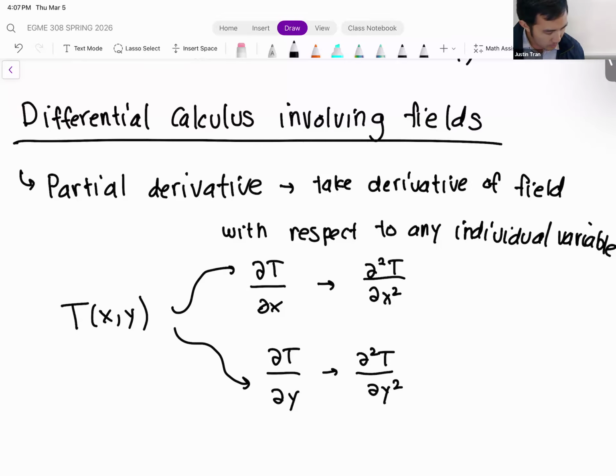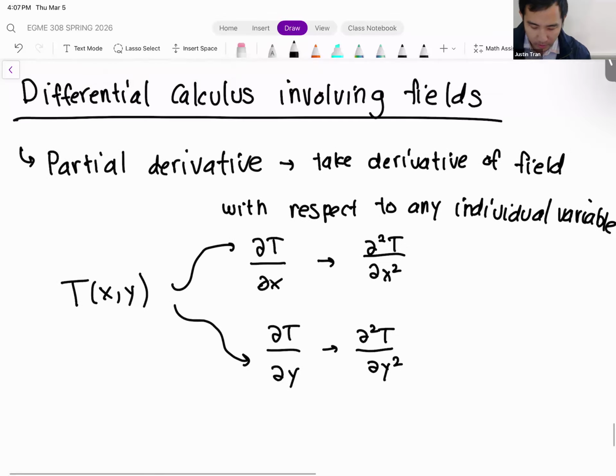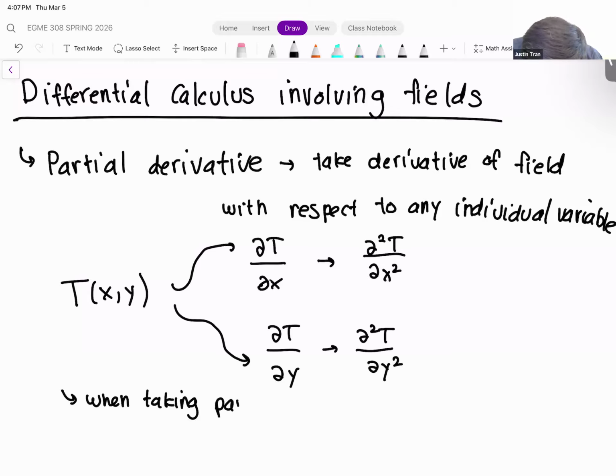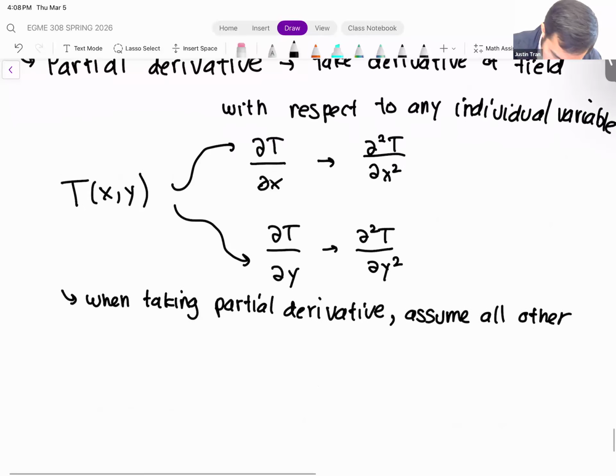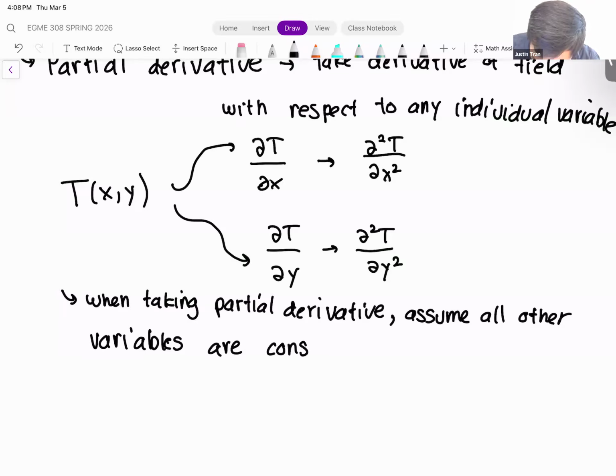And so, when you take the partial derivative with respect to one variable, the way that you mechanically do that is you assume all other variables that you are not taking the derivative of are constants, because you're not taking the derivative with respect to those other variables.